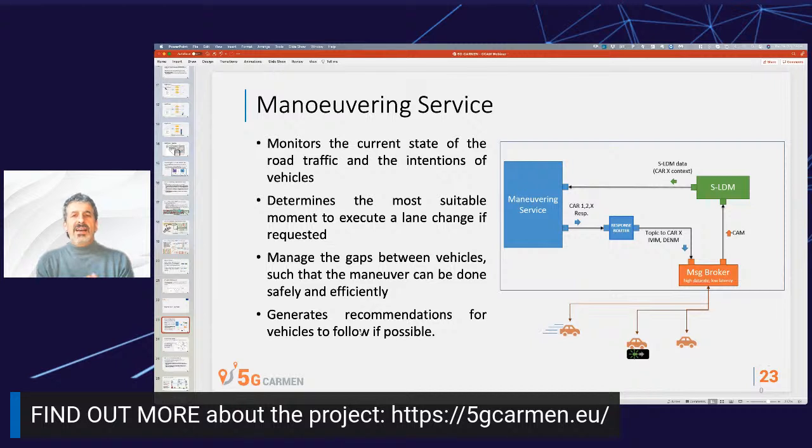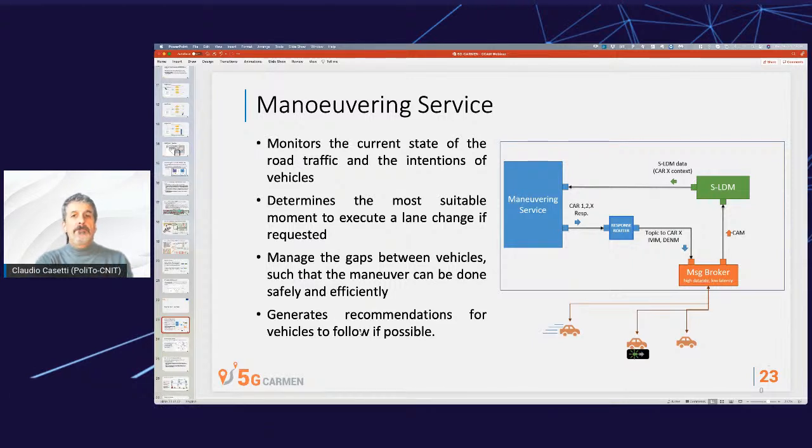The decentralized maneuvering service would be hosted inside each vehicle and leverages information that is just exchanged by means of vehicle-to-vehicle direct communication through the PC5 interface. And although this may entail an additional latency via the 5G UU, so the V2N, vehicle-to-network interface.